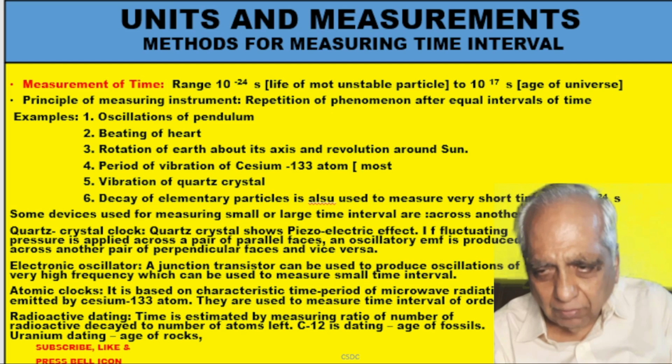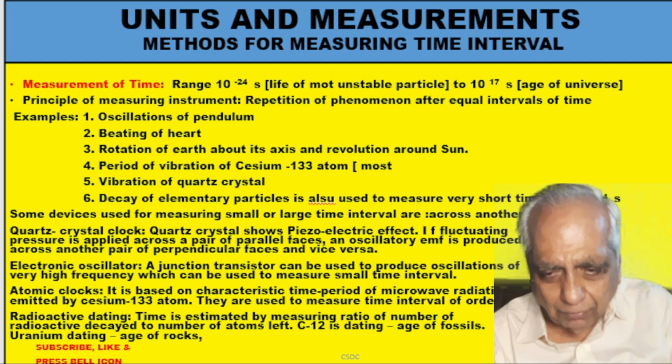And we may have to measure very large time, to the extent of 10 raised to 17 seconds, which is the age of the universe. So various techniques have to be used to measure very small times, very large times and normal times that we have been measuring.